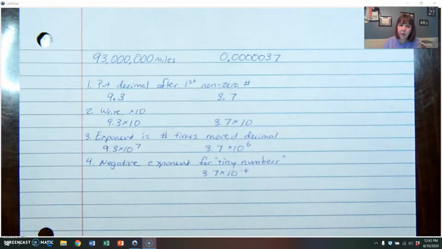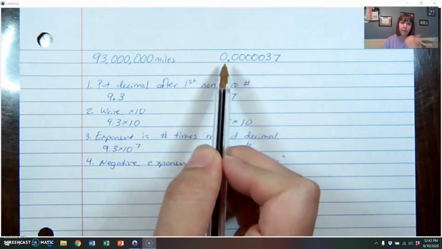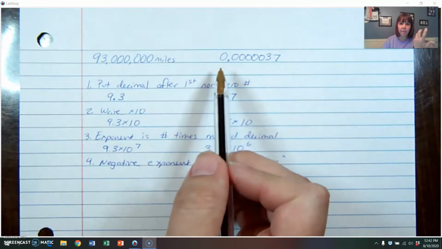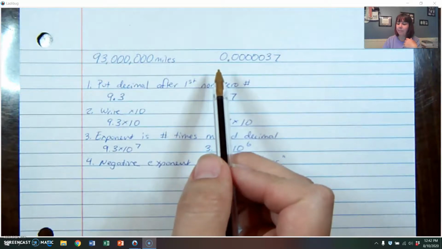Okay. Some people try to remember if you move it to the left, it gets positive, and right, it gets negative, and then you can't remember if it's going to the right or coming from the right, and what's the rule. So I just remember if it's a teeny, teeny, tiny number, like if that decimal point is way out in front of the number, then it's got to be a negative to show that it's tiny.